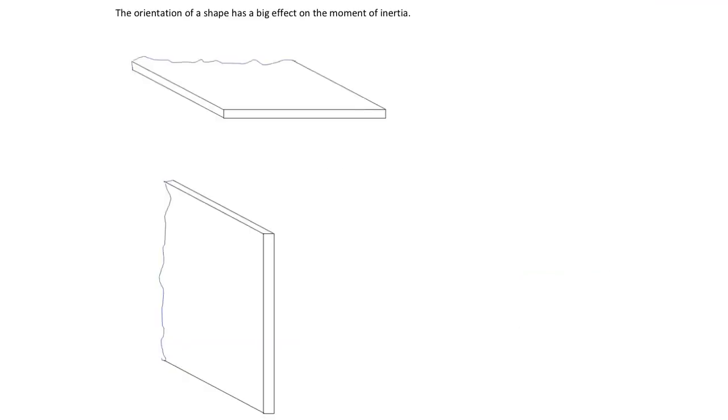Well, let's compare a common shape in two different orientations and see if we can come up with some relative understanding of how moment of inertia plays into deflection. So let's say that this is a plastic ruler, and I'm going to push down on it in this flat orientation with a force here.